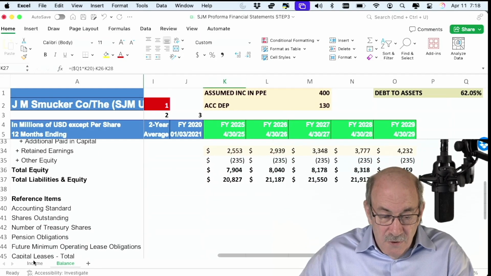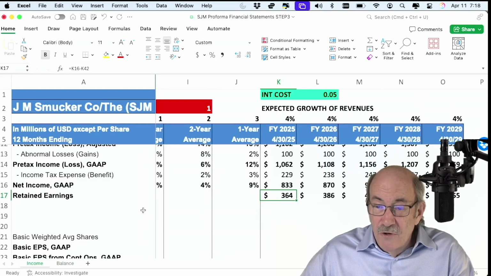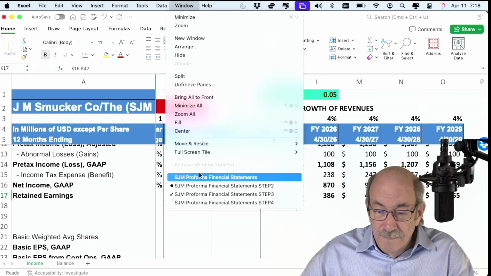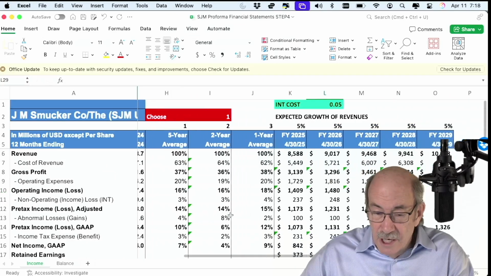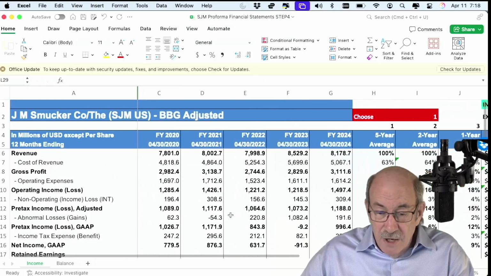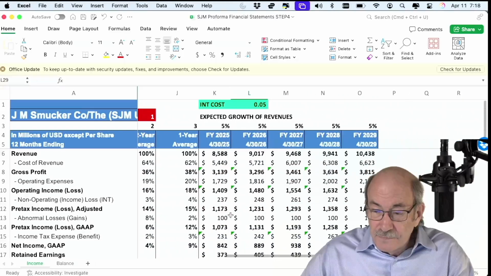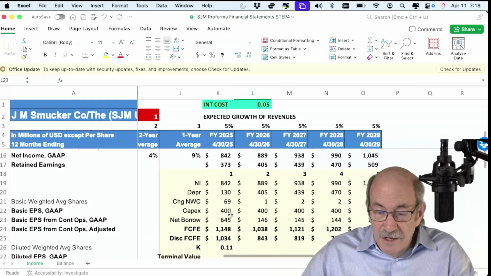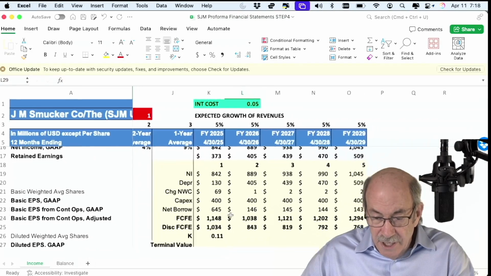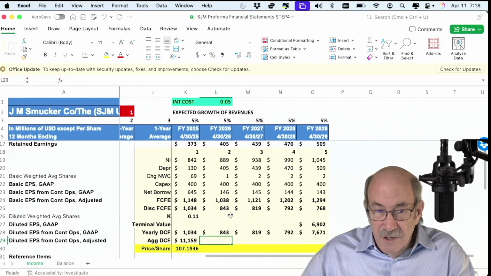All right, so let me go to my fourth and final spreadsheet here, which has all of my free cash flow to equity computations. So here we are back on the balance sheet, here we are in the income statement, and now I've added some elements just under my income statement.